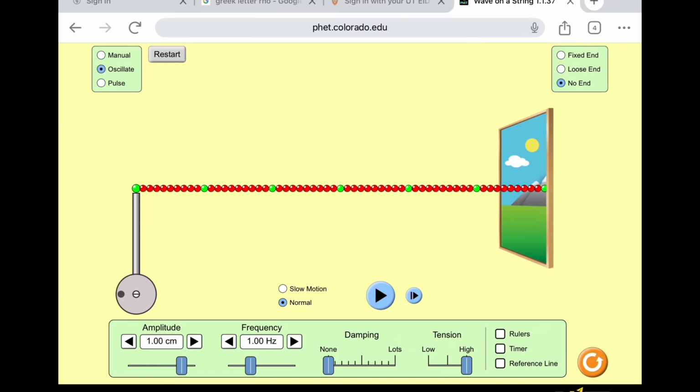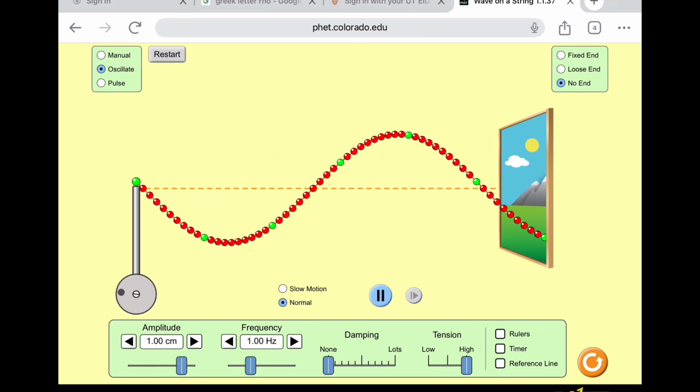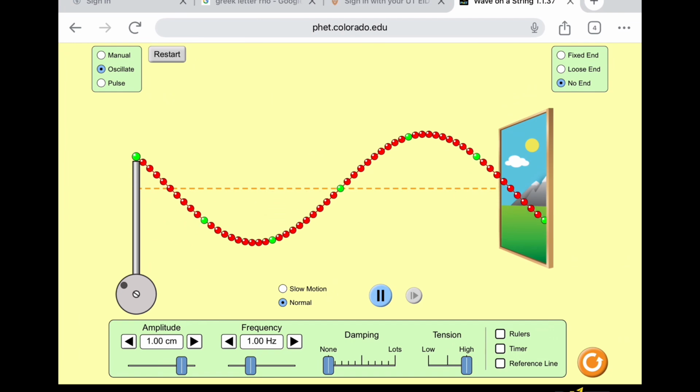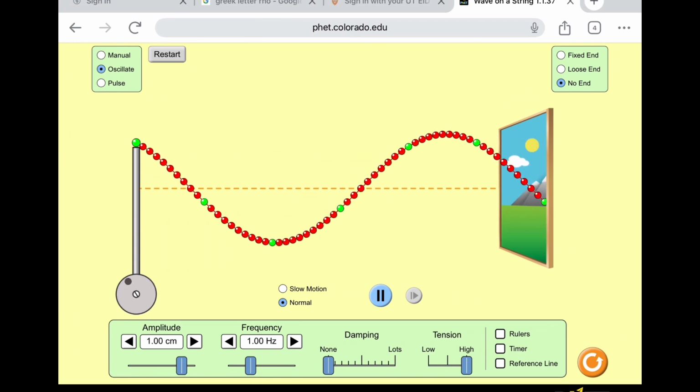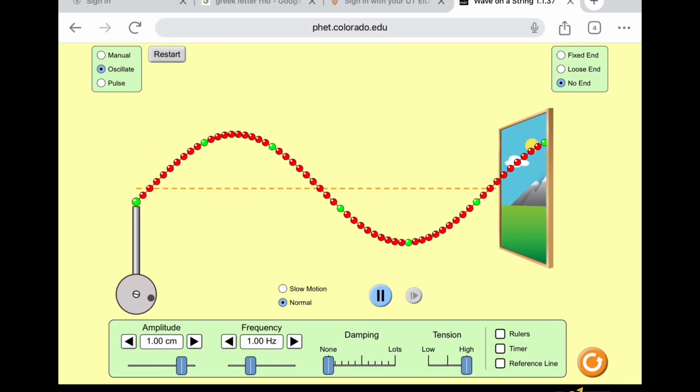So notice I have my frequency at the bottom of the screen at 1 hertz, that is 1 cycle per second, and the amplitude in this case is somewhat irrelevant. I just picked 1 centimeter to make it simple. So then I'm going to start the simulation. Let me go slow motion so I can take a screenshot. And then we'll compare. All right.